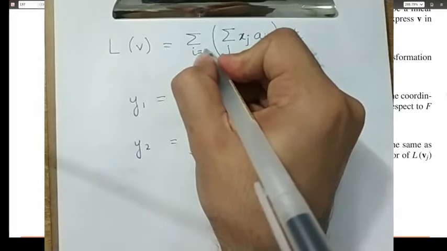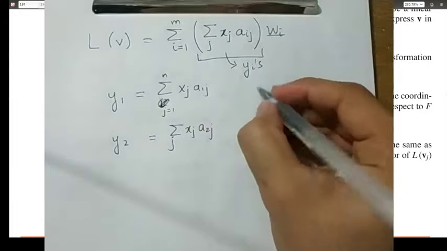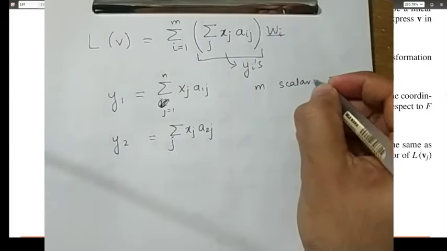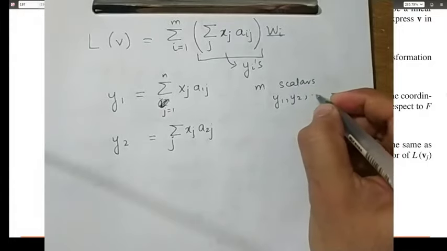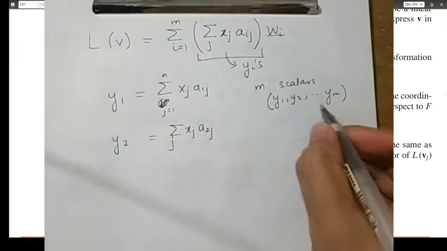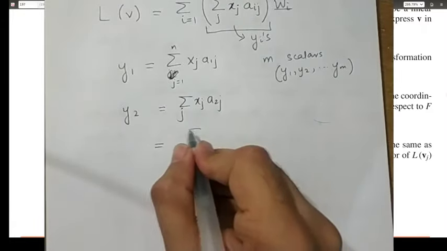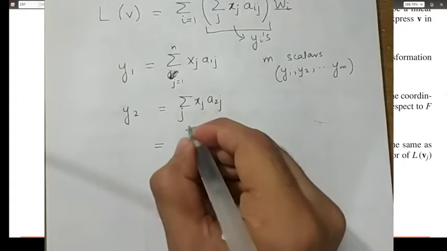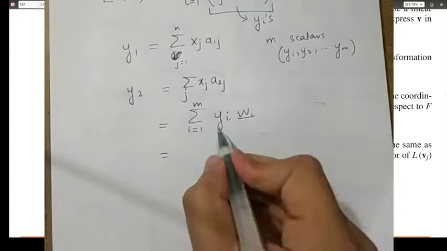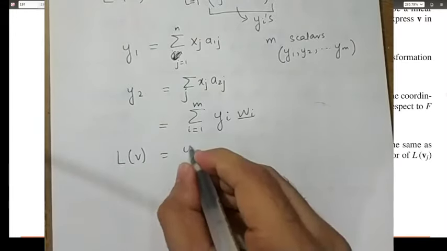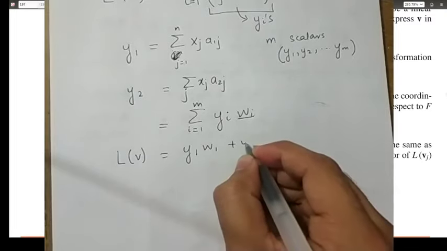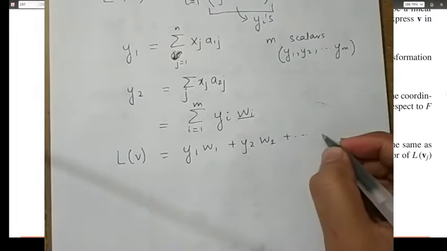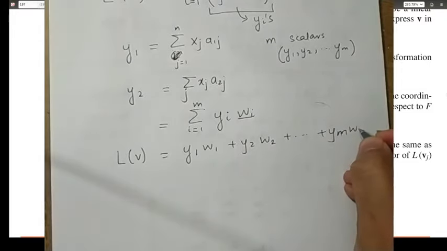Since i goes from 1 to m, there are m scalars y1, y2, ym. And if I write this in the form summation yi wi, then our job is done, because we've represented L(v) as y1 w1 plus y2 w2 up until ym wm, which was the statement of the theorem that we started off with.